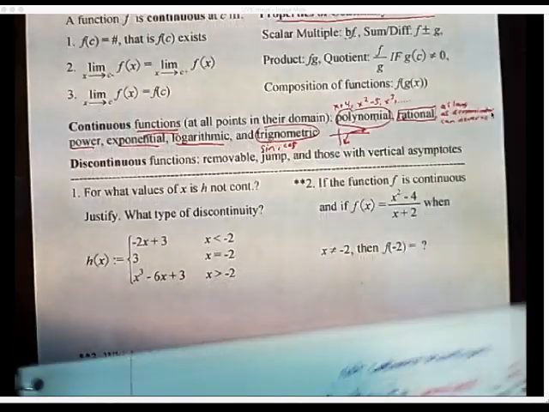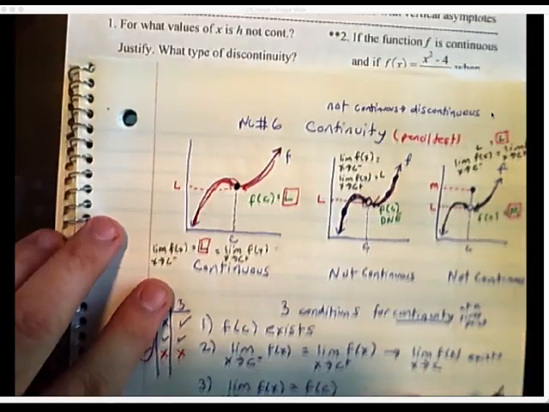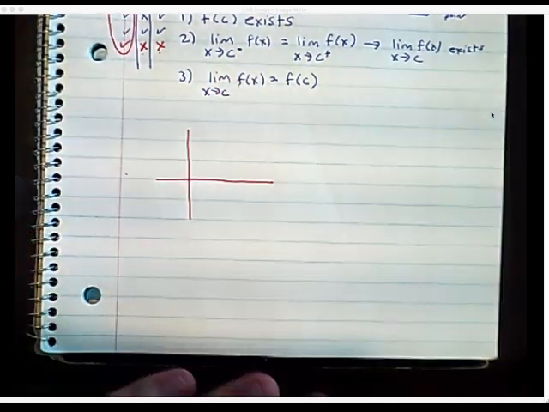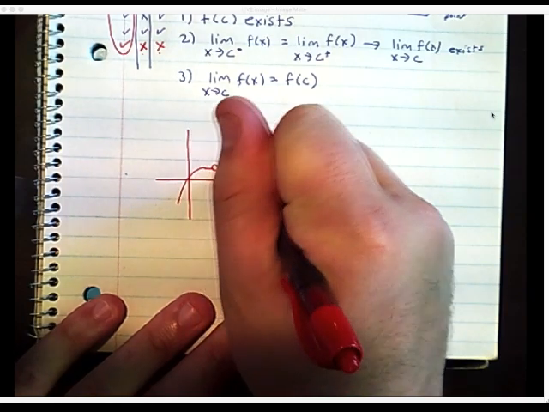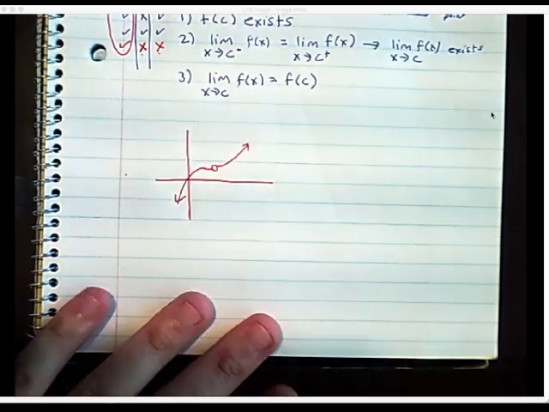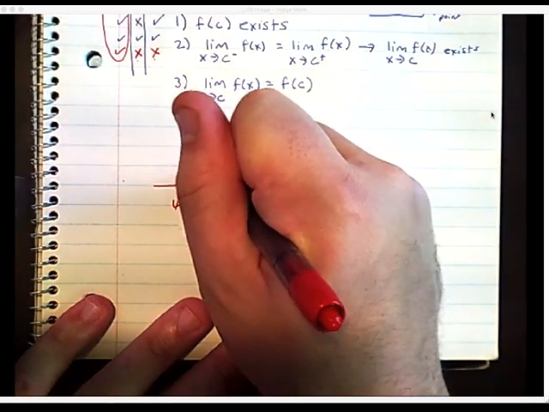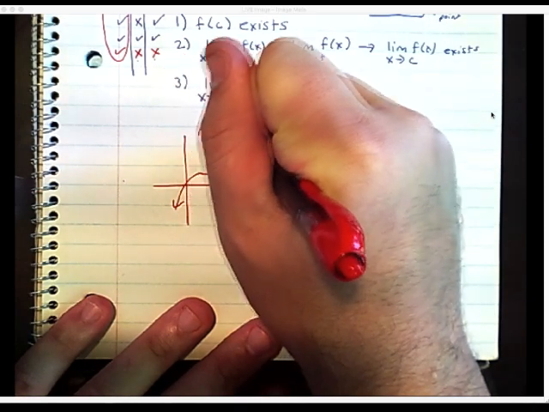Now, if a function is discontinuous, there are some different types of discontinuities. So let's talk about some of those. If you have a graph like this, something like that, with an open circle, this is what's called a removable discontinuity.